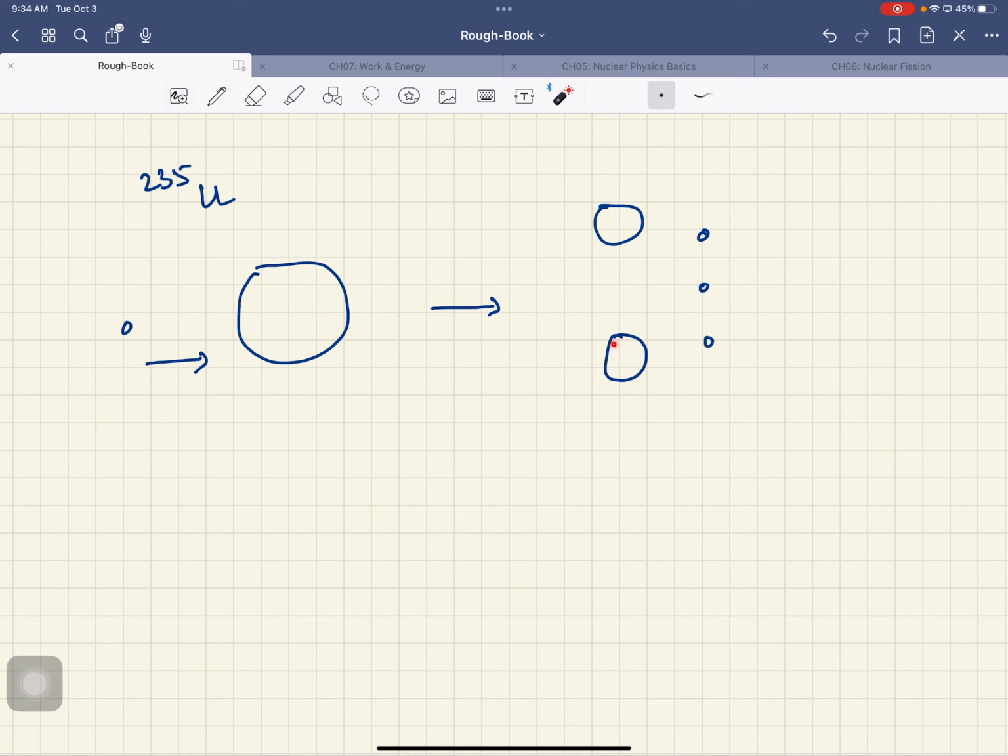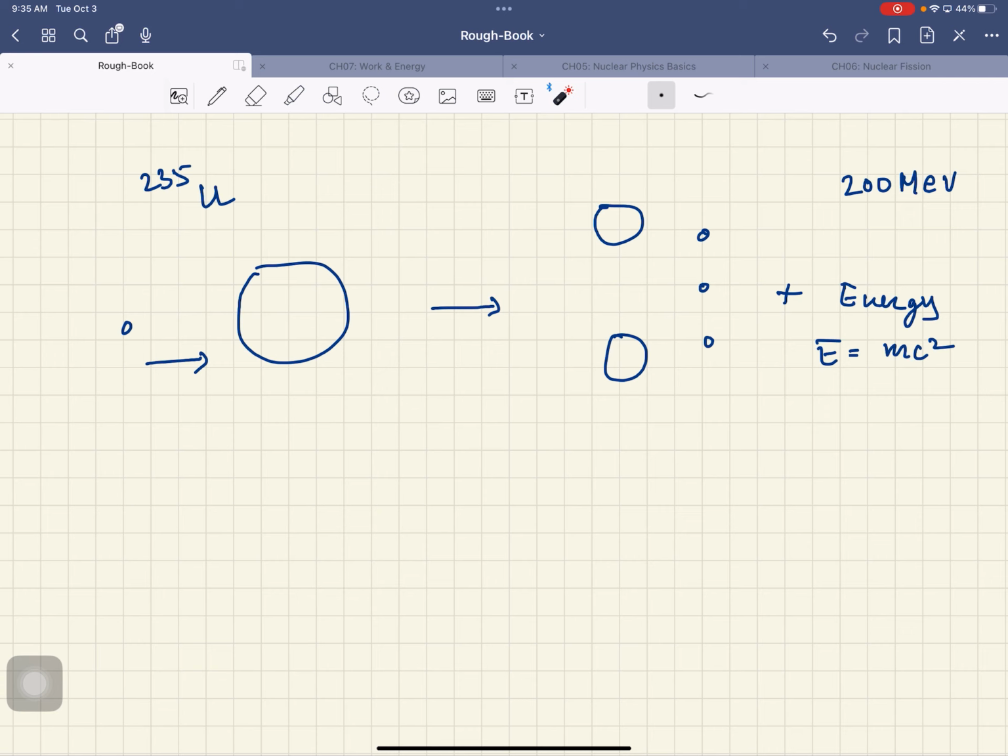So these guys are about 120 units each. Okay? They're made of protons and neutrons. And in addition, 3 neutrons come out. Plus energy. Energy is mc squared. And this is about 200 MeV. And we'll come to those numbers in a second.